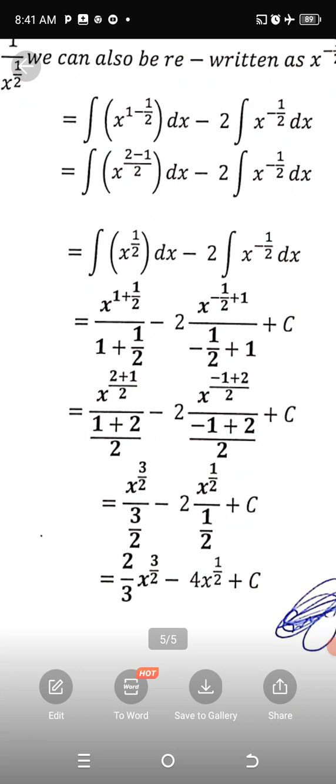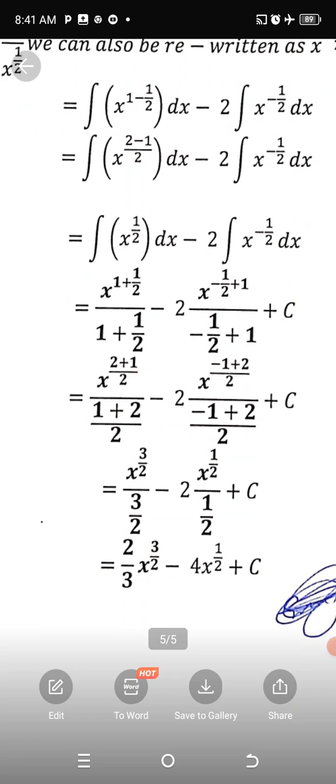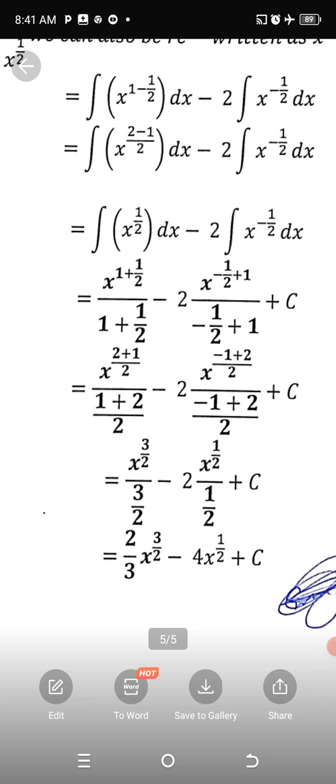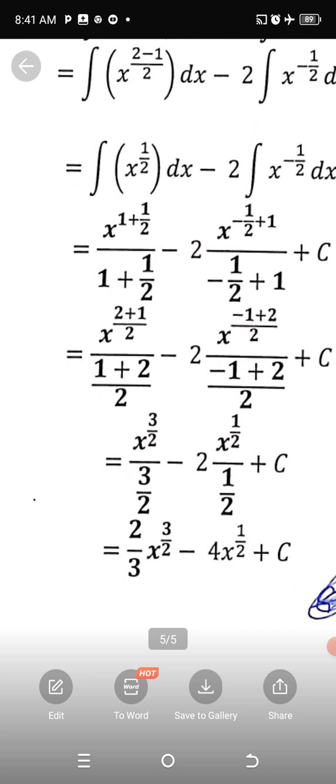Let me just explain the second to the last step. After solving, we have x raised to power 3 over 2 all over 3 over 2, minus 2 x raised to power half all over half, plus c. You may wonder how we are getting 2 over 3. We are dividing x raised to power 3 over 2 by 3 over 2, and from what you know in division, once you want to change it to multiplication, the sign is going to change.